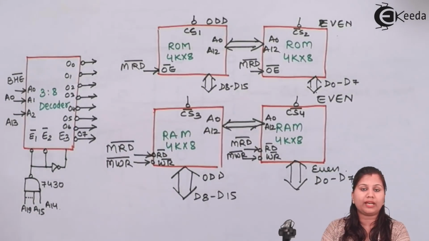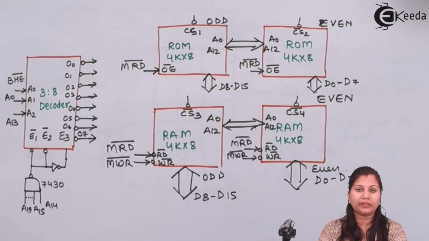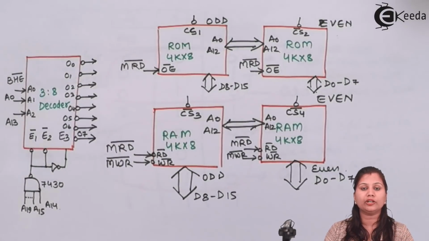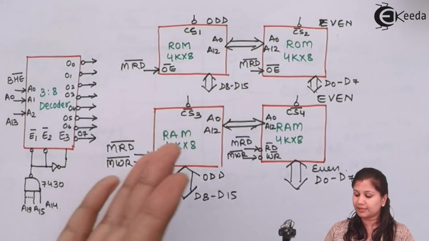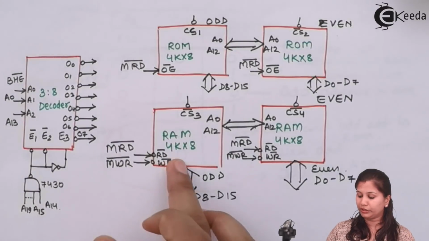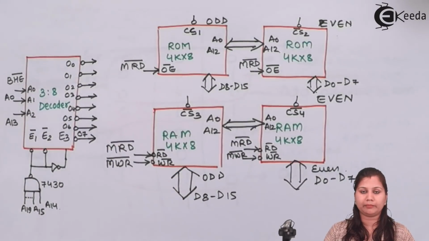So in this video, we have solved a problem based on how we can interface the memory chips with the 8086 microprocessor. First, we calculate how many address lines are required to address these memory chips, and then for the remaining address lines which are left, we use a logic circuit to obtain the chip select signals for the memory chips, and then we connect the corresponding control signals for the read and write operation of the microprocessor to the read and write signals of the memory chips.